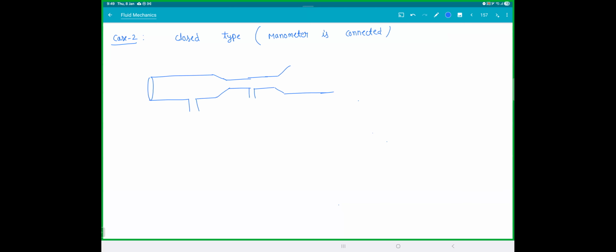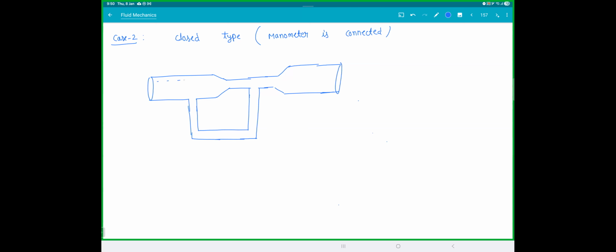Again, I'm drawing a big one, but you have smaller versions actually. This is what they keep in your gas meters. There, this is how it looks. So this is your manometer.